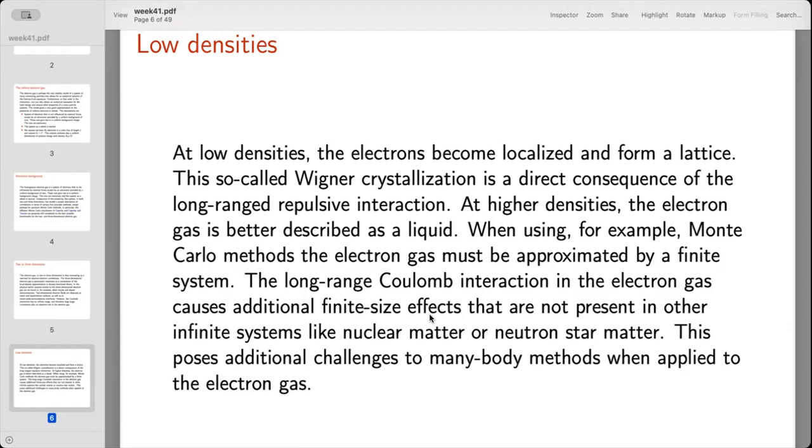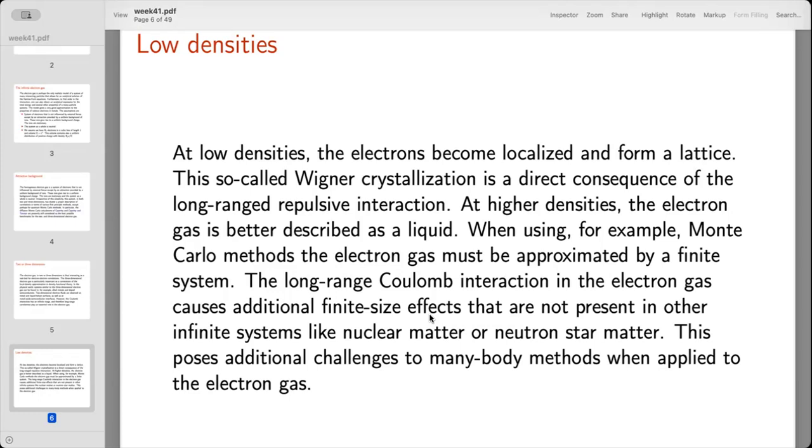So the thermodynamical limit, in this specific case, because these are systems at zero temperature, so there's no temperature here, means that we extrapolate the number of particles to an infinite number of particles and the volume to an infinite volume, but the ratio between volume and the number of particles stays constant, which means that we have a constant density.